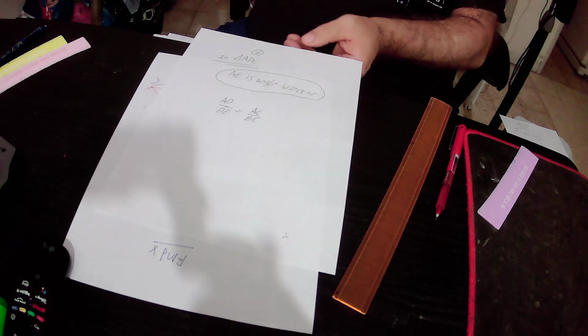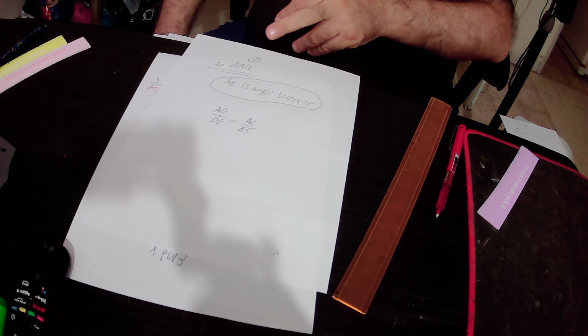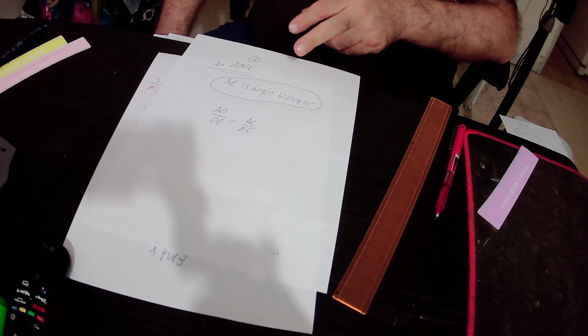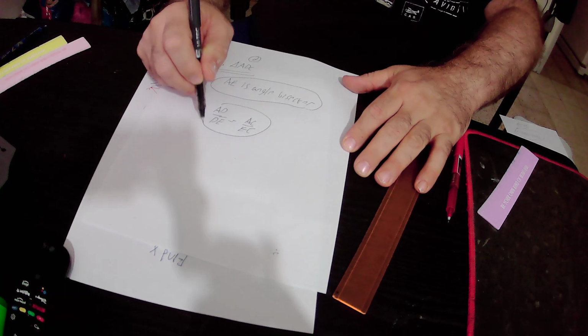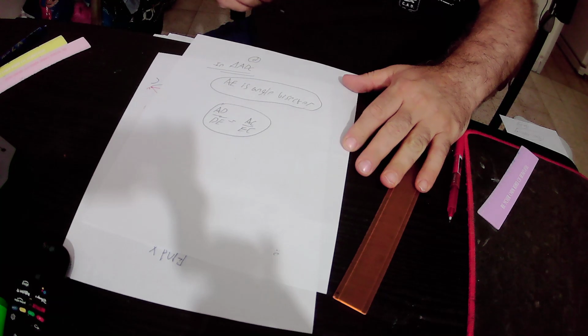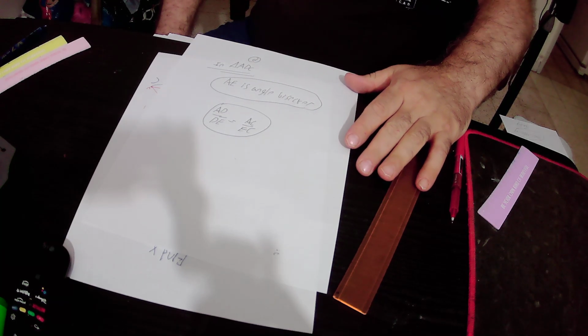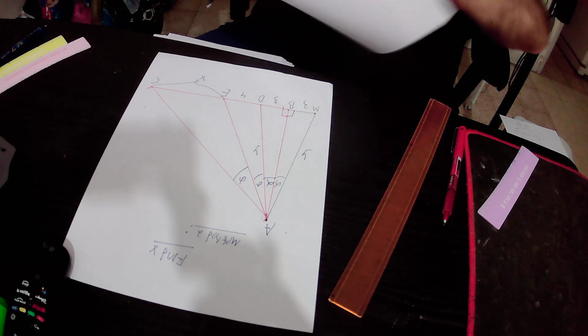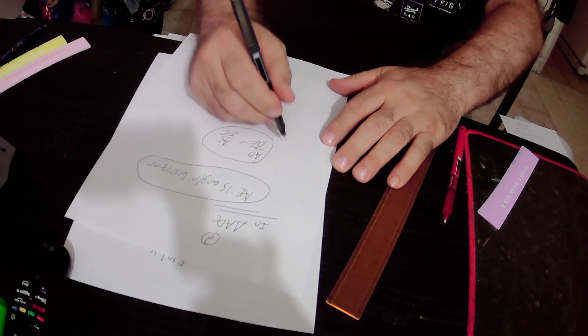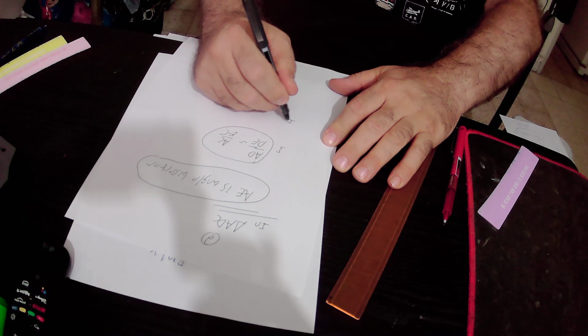Okay? In triangle ADC, AE is an angle bisector, therefore this relationship exists between the sides of triangle ADC. AD over DE equals AC over EC. Okay? So I will define it as equation number 1.